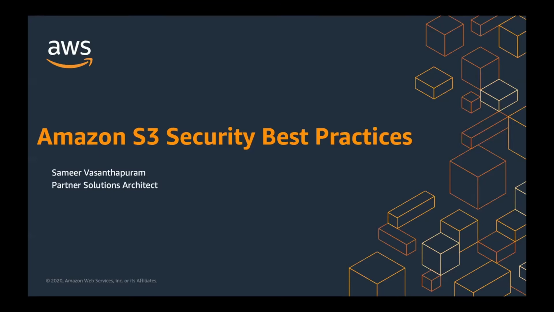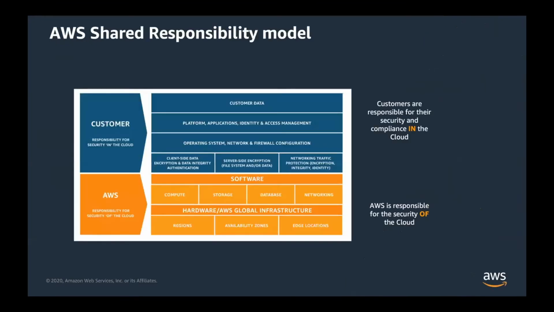So with that said, when we talk about Amazon S3 as a service, let's talk a little bit about how we delineate the security responsibilities when you have an object storage service, right? In general, AWS views security as a shared responsibility between us and our customers, which means AWS is responsible for the security of the cloud, and customers are responsible for security in the cloud.